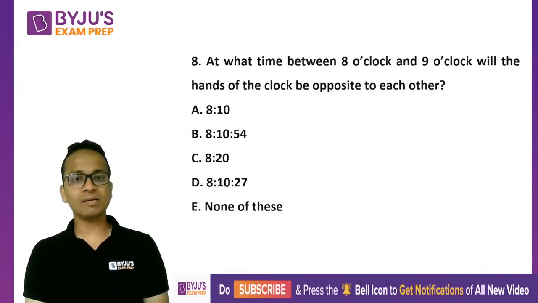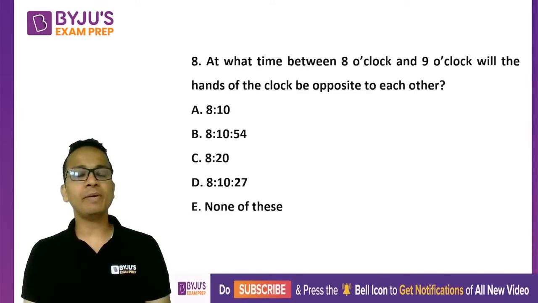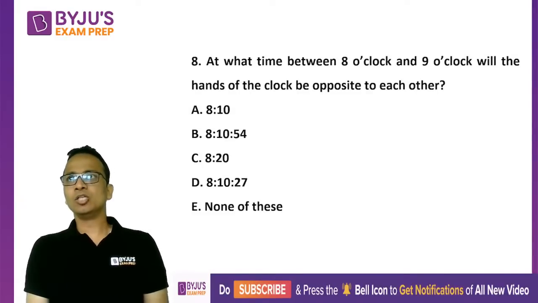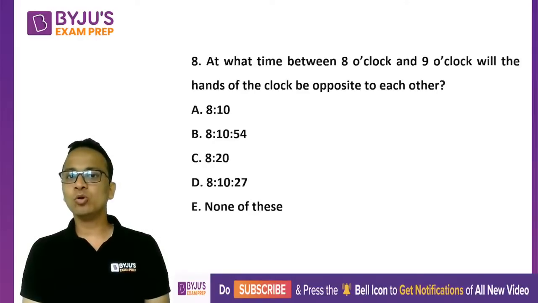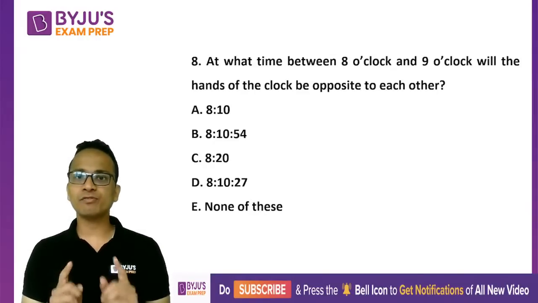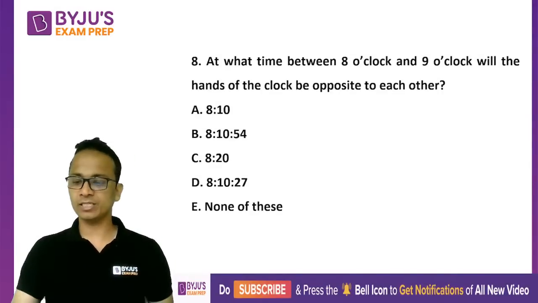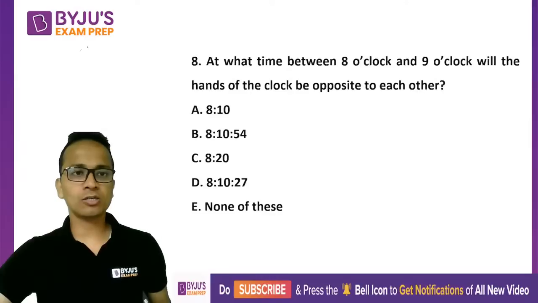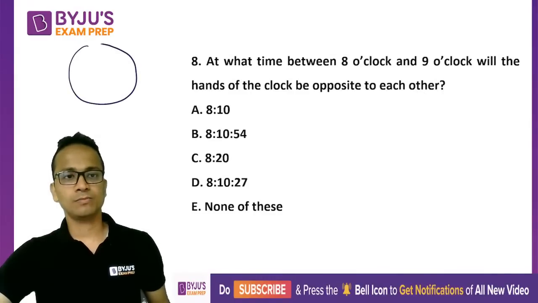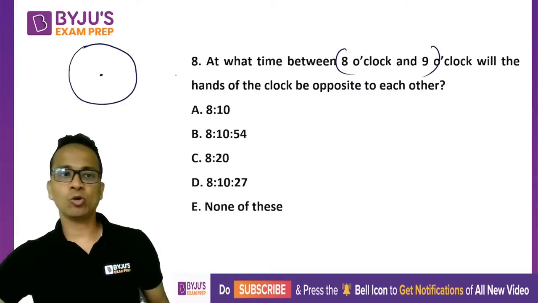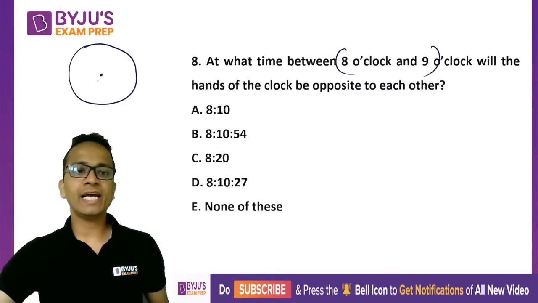Now what does opposite mean? Opposite means they are making an angle of 180 degrees. Okay, so you will have to look at the rough position of minute hand and hour hand, right? So if I draw a clock, I know that the time is between 8 and 9 o'clock.